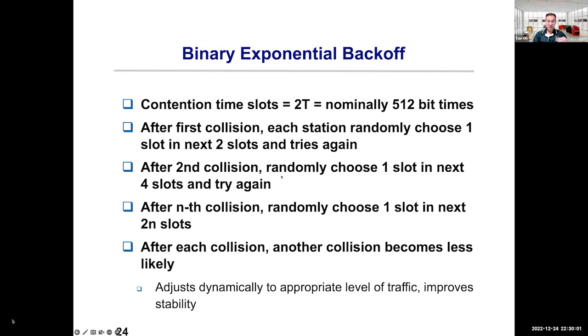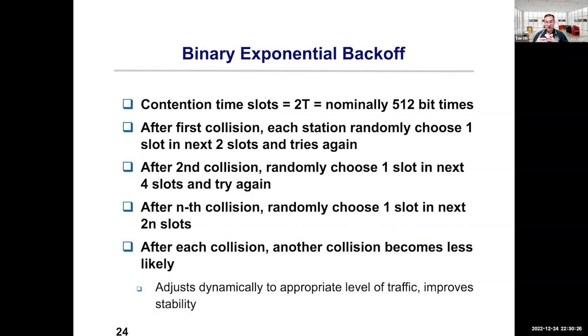If a problem occurs, which means a collision occurs, it randomly chooses one slot from the next 4 slots. Okay, basically when you randomly choose a slot, they try again within the next 2 slots.